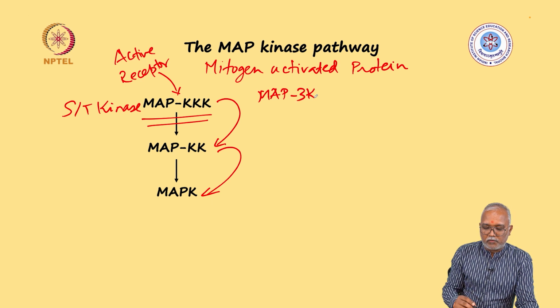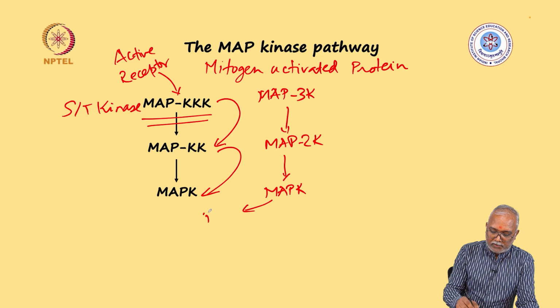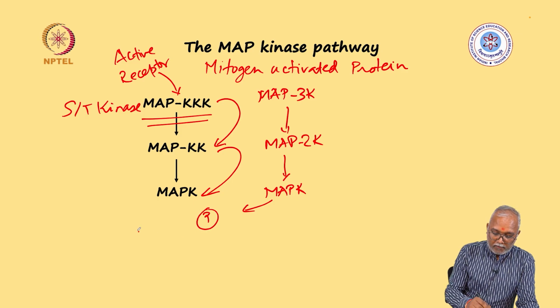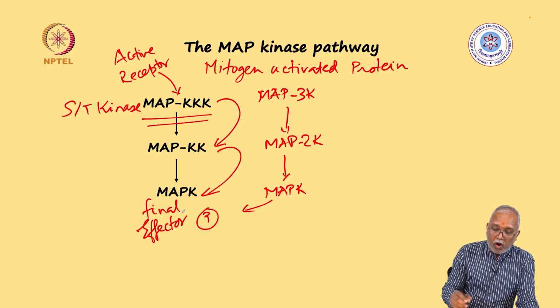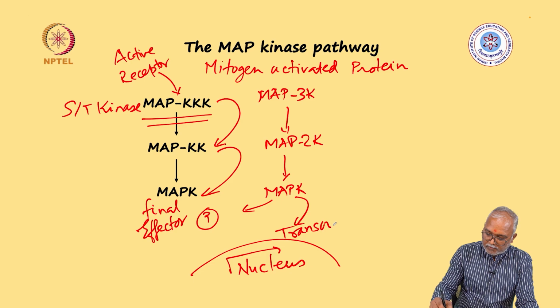This will be the first molecule activated. It will pass the signal to the next molecule, MAP2K, and finally you have the last molecule, MAPK. This MAPK can phosphorylate the next molecule, which is the final effector, or it may itself go inside the nucleus, and what will it do inside the nucleus? Activate transcription.